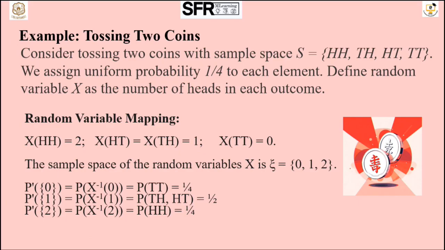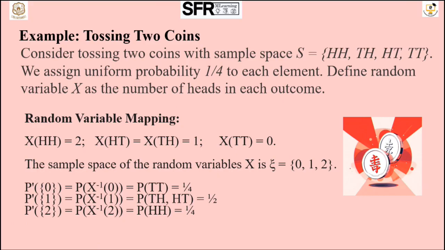My task is the number of heads in each outcome. When we toss the 2 coins and get 2 heads, the random variable is 2. When I get only 1 head, I get 1. When both the coins show tail, I get 0. So the sample space of the random variable X is 0, 1, 2.